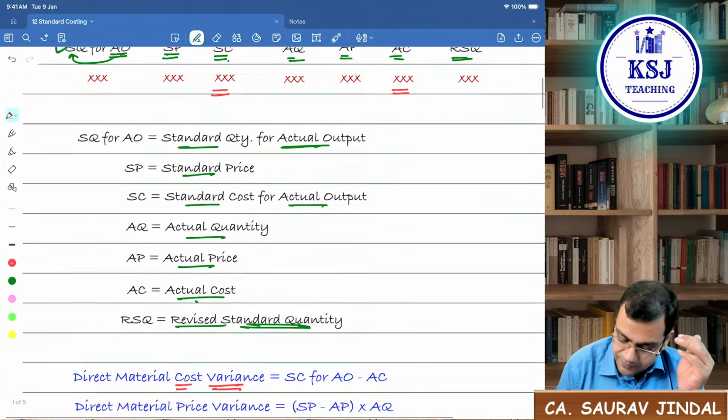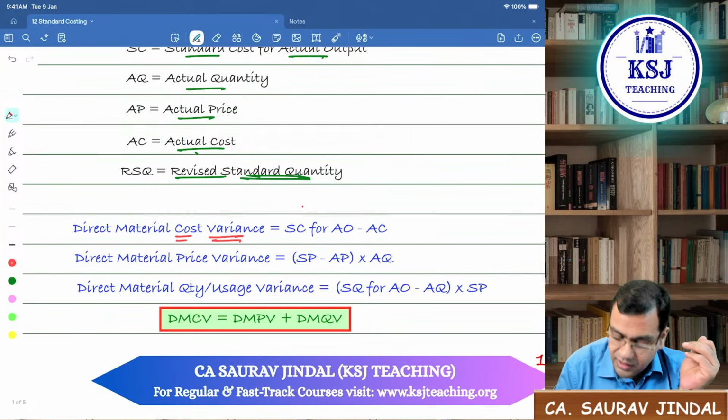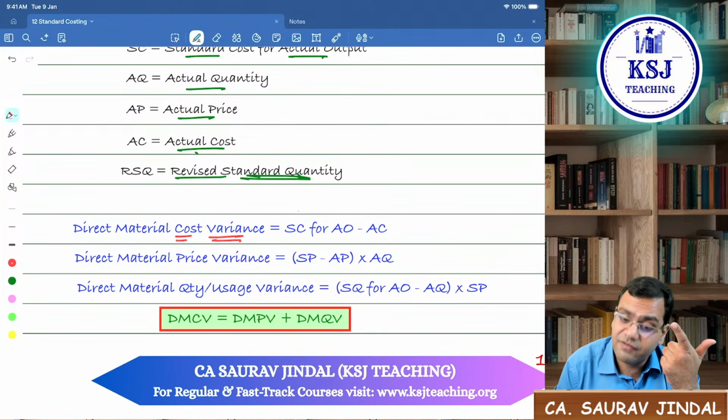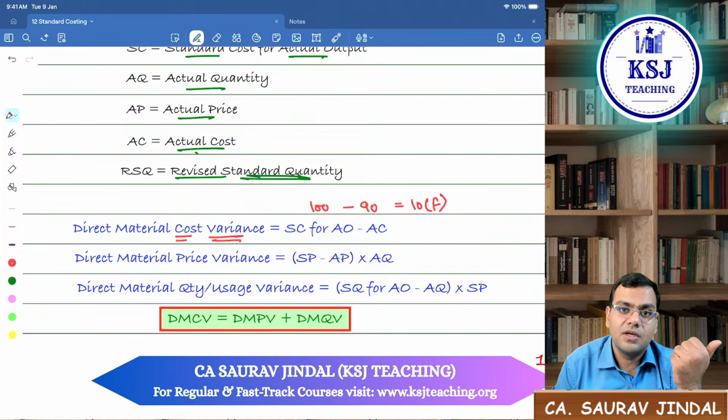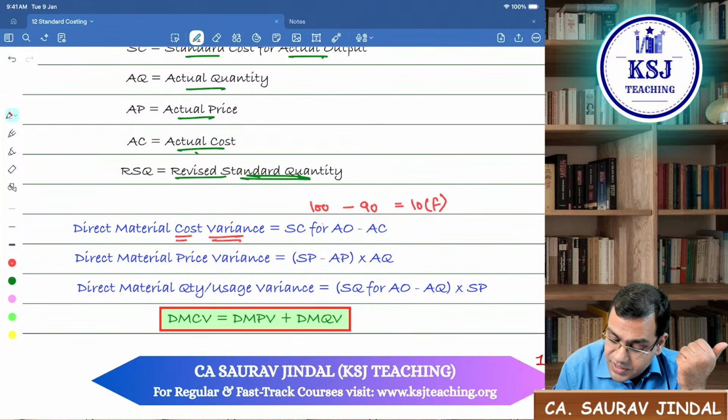If you are saying your standard cost is what you planned for, you planned that the expense will be 100, but actual is 90 rupees. Only then there is a 10 rupees favorable variance, right? Otherwise, if we say 100 minus actual is 110, then it will be 10 adverse.